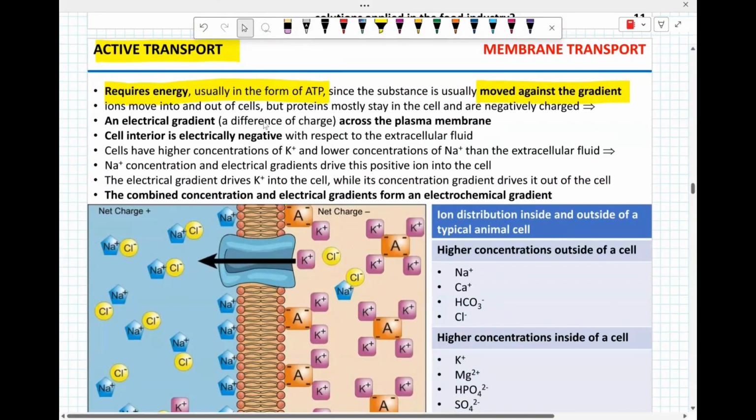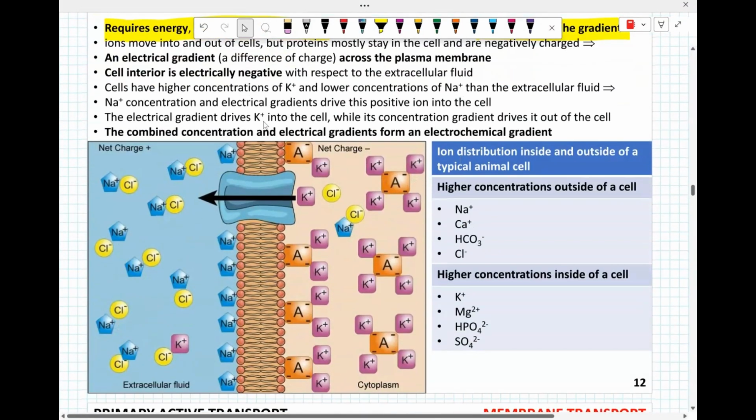So here you can see the example of sodium-potassium pump, which moves potassium from the left side to the right side, and it moves sodium on the right side to the left side.